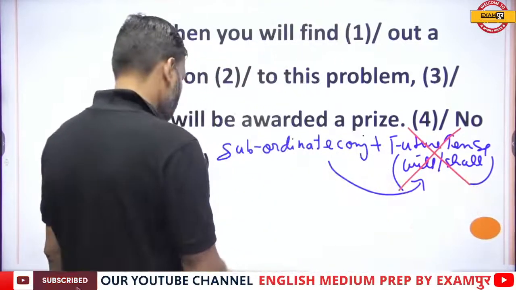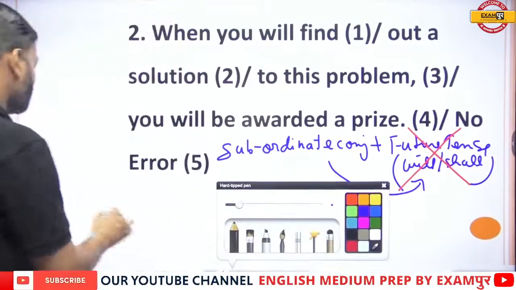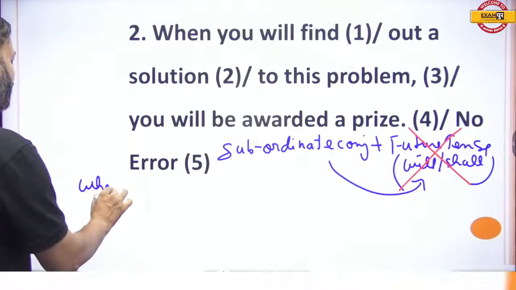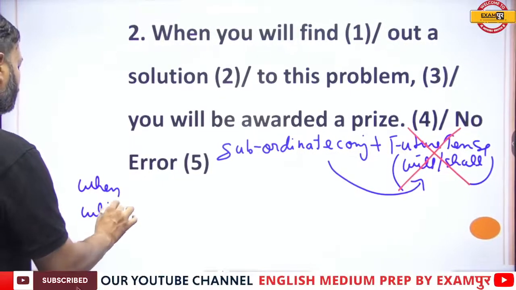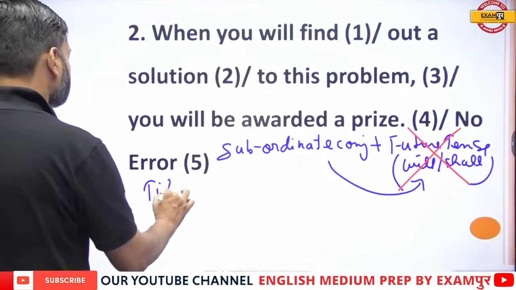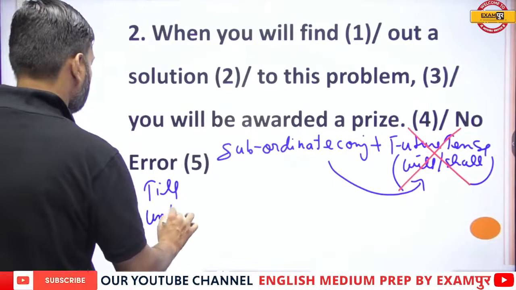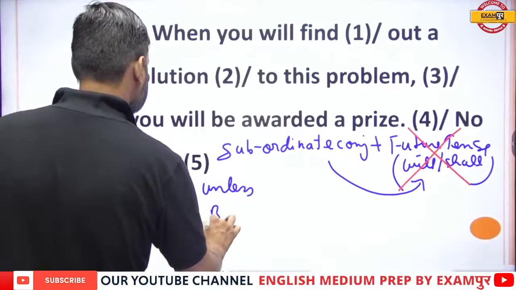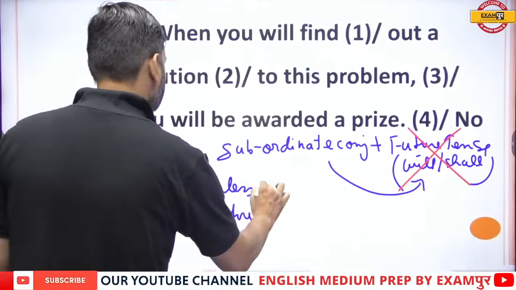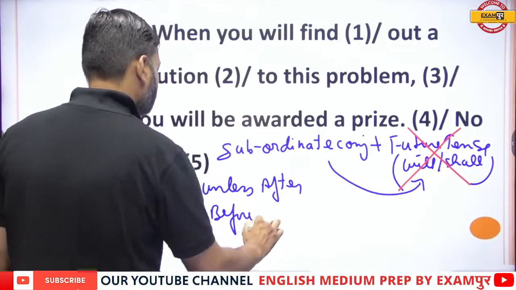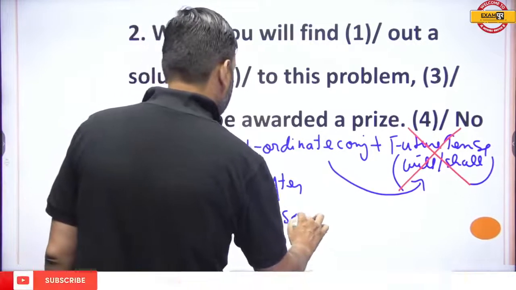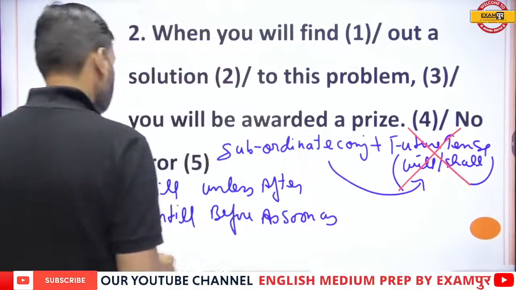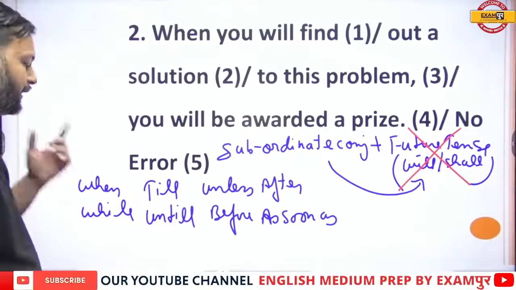And what are subordinate conjunctions? When, while, till, until, unless, before, after, as soon as. All these are subordinate conjunctions.